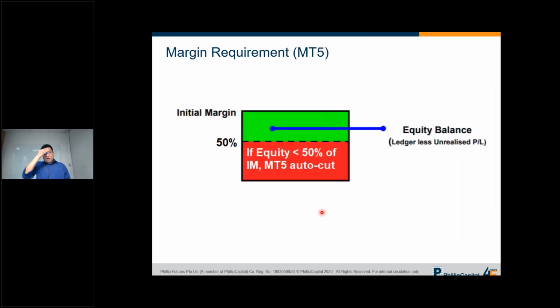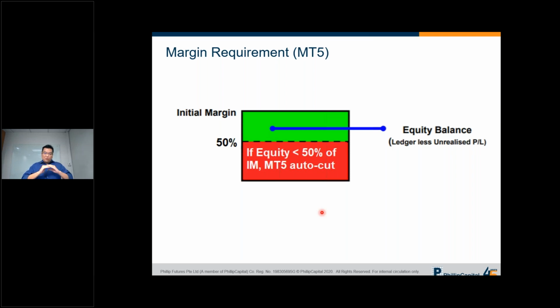Another feature is the margin requirement for any form of leverage product that you use, be it a margin account for stocks, for CFD, or for a futures account or forex trading account. As long as they are traded on leverage, there is this margin requirement portion that you need to be aware of. But what MT5 differs from the rest is that MT5 has an auto cut feature.